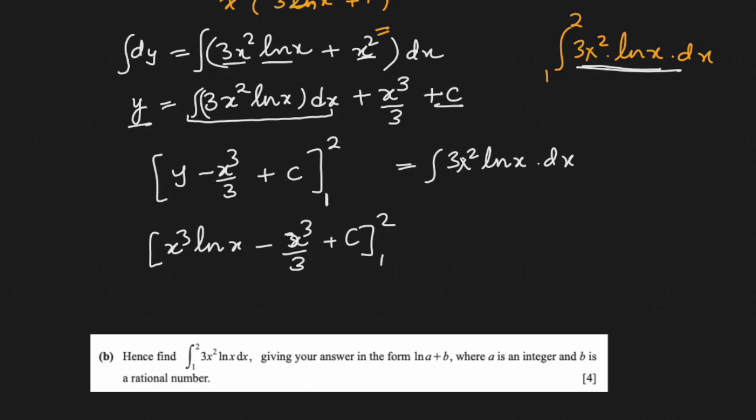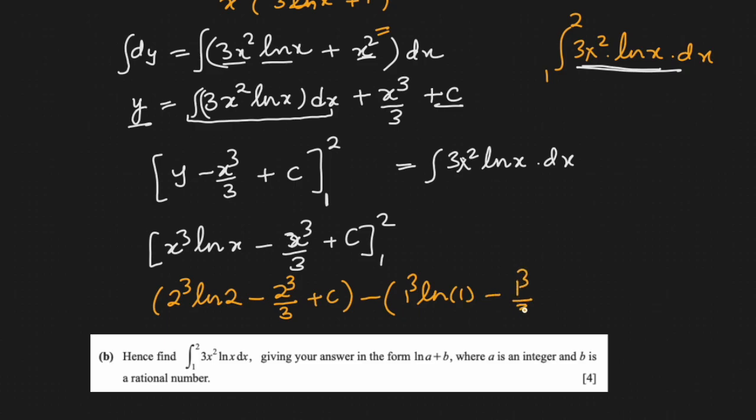And now we can substitute the values of 2 and 1. So this becomes 2 cube natural log 2 minus 2 cube over 3 plus c. If you ignore c, sometimes people ignore it, doesn't matter because it is going to get cancelled. Minus 1 cube natural log 1 plus minus 1 cube over 3 plus c.